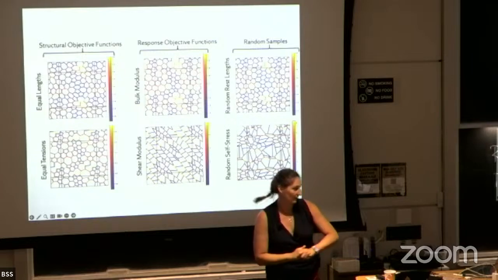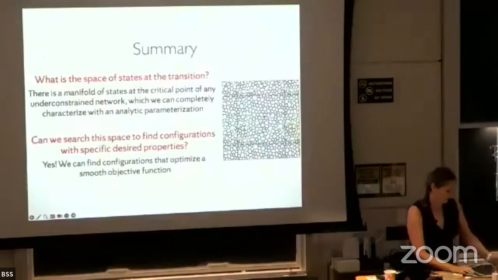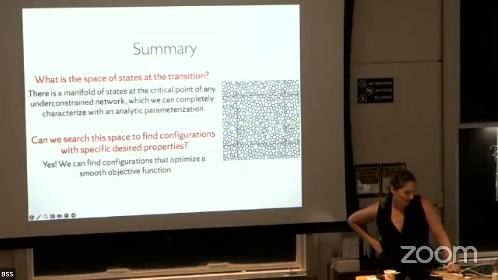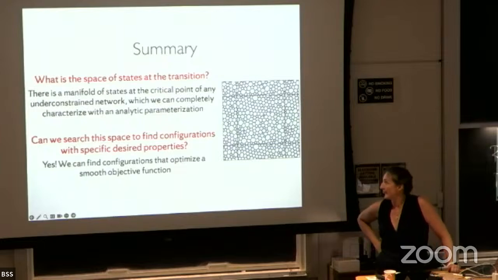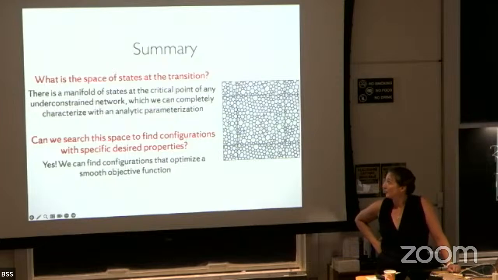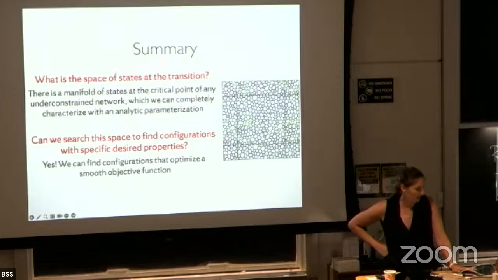Okay, I think I'll just give a summary. What this last little piece allows us to do is think about the space of states at this rigidity transition. And what we've shown is there's a manifold of states at the critical point, which we can completely characterize. And maybe I'll say one more thing.